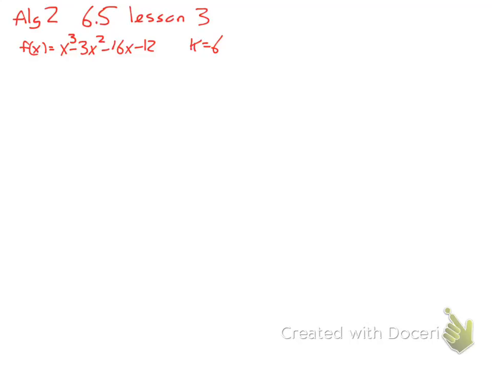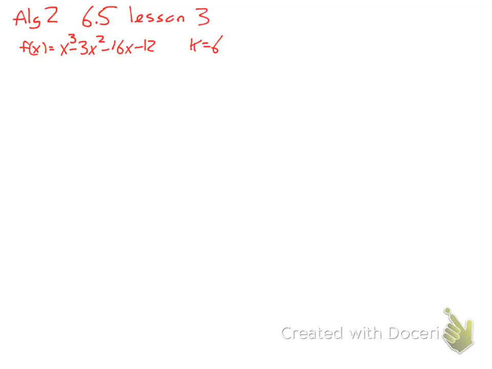And then they have k equals 6. What they're doing here is telling you one of the zeros, or one of the factors, that will be part of that polynomial.